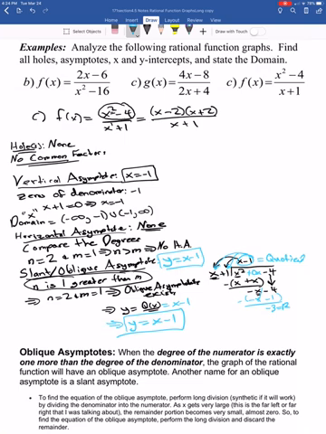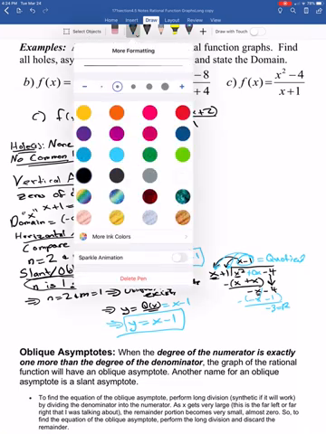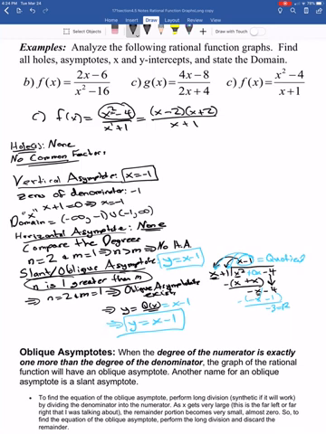So we graph that line to help shape the graph of this function. Now, how about the x and y intercepts? Let's set our function equal to 0 and solve for x. When is x squared minus 4 over x plus 1 equal to 0?